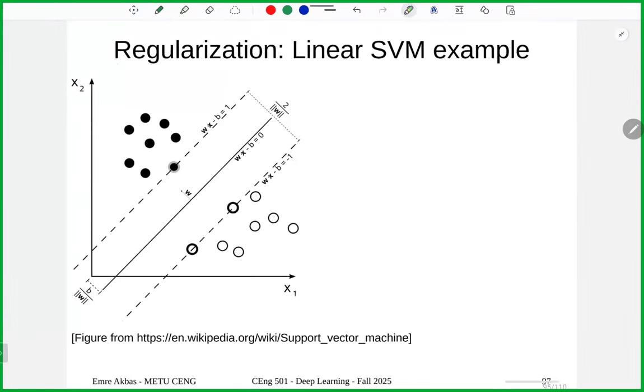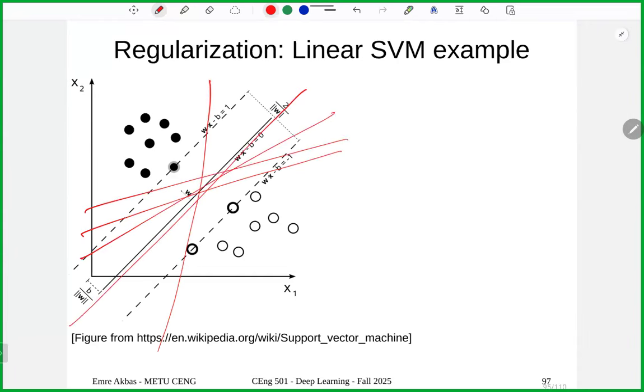So let's talk about it. In linear SVM, suppose we have two classes, black circles and white circles, and this is linearly separable data. So you can find linear decision boundaries that perfectly separate these two classes. And the problem is there are many of them, right? This line also has zero training loss. This also, that one also.